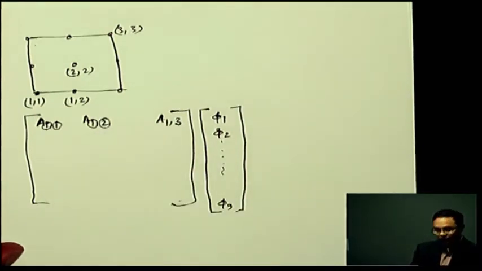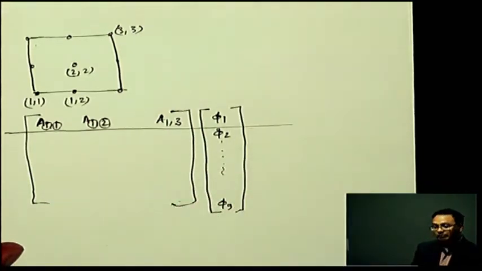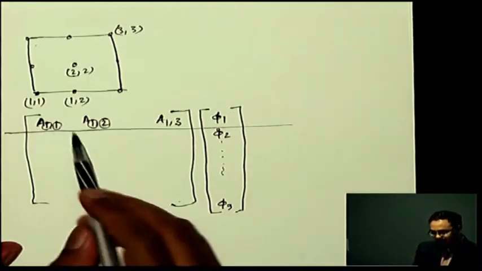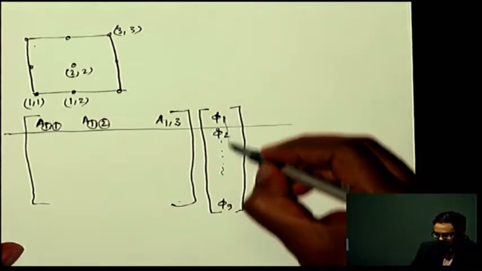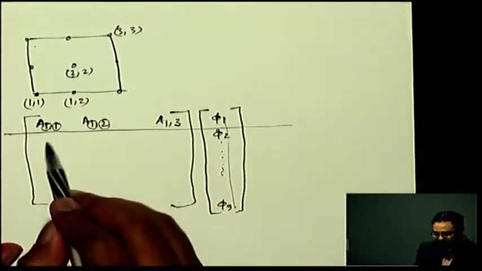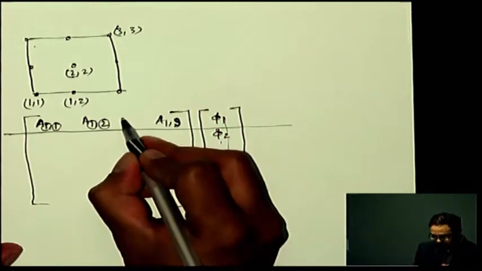If I take one row, remember I said that a row represents one finite difference equation. So there will be 9 elements here corresponding to the 9 elements here, so this last one will actually be A1,9.